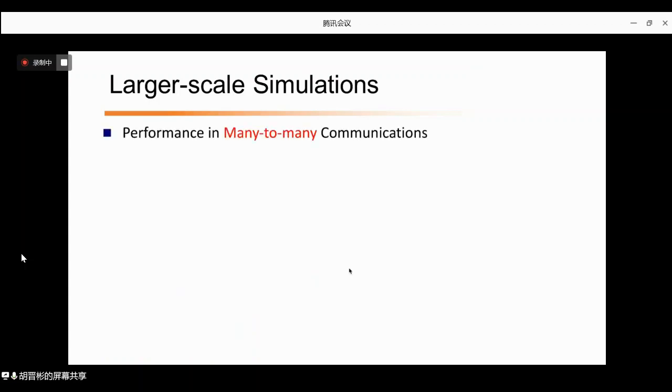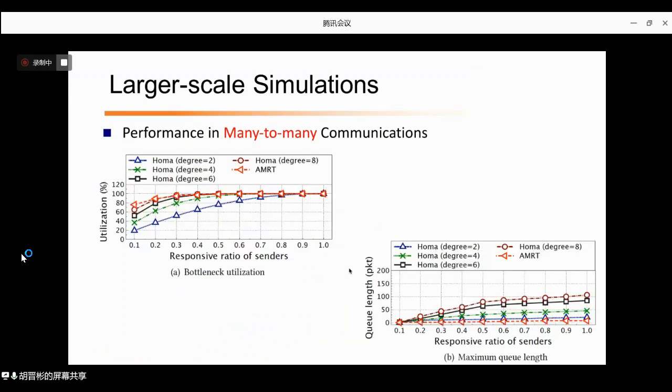In many-to-many communication scenarios, if some senders are not able to respond immediately to the grant, the bottleneck link bandwidth will be wasted, resulting in low network utilization. We measure the bottleneck link utilization and max gain, QU with increasing responsive ratio of the senders.